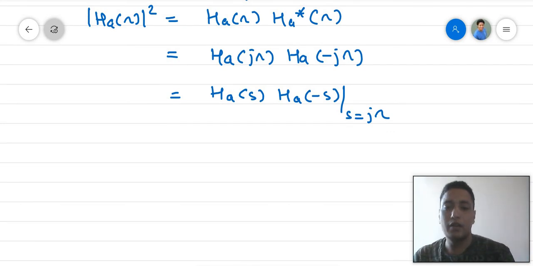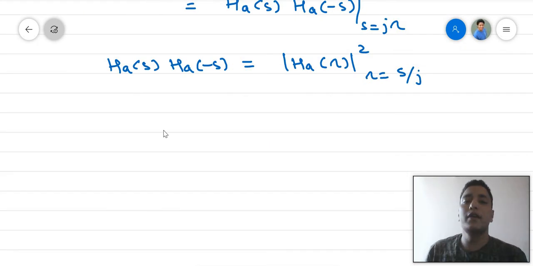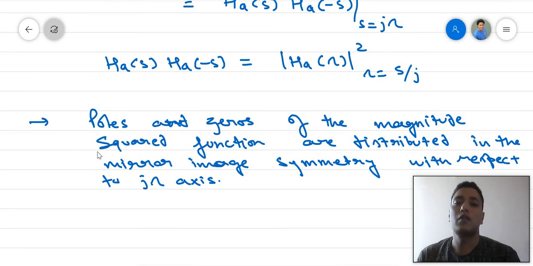Then HA(s) multiplied with HA(minus s) will be equal to mod of HA omega squared, where omega is s by j. Now observing from this equation, we can say poles and zeros of the magnitude squared function are distributed in mirror image symmetry with respect to the j omega axis.